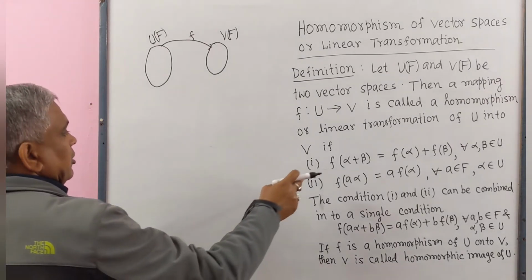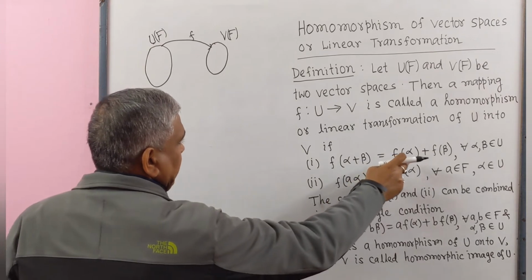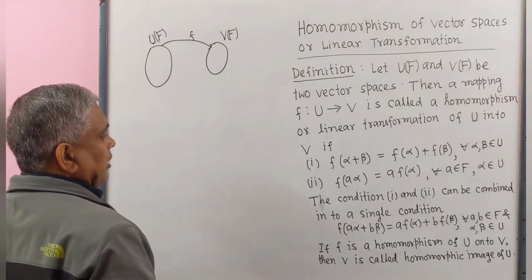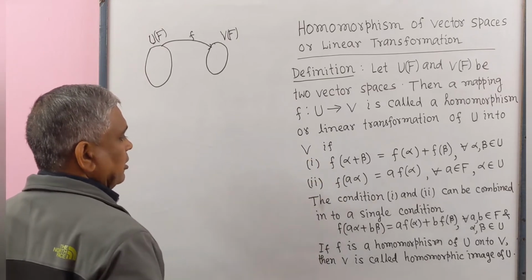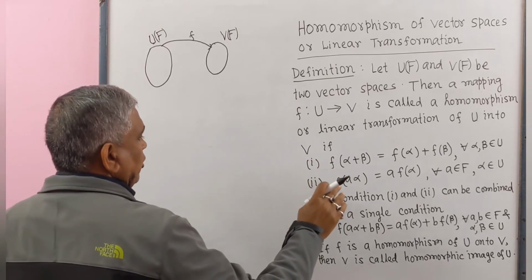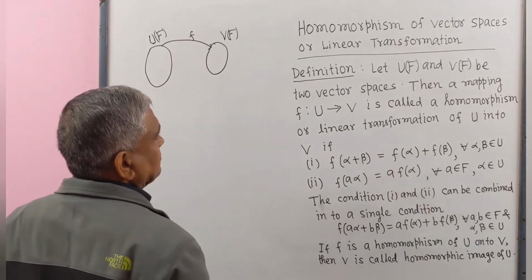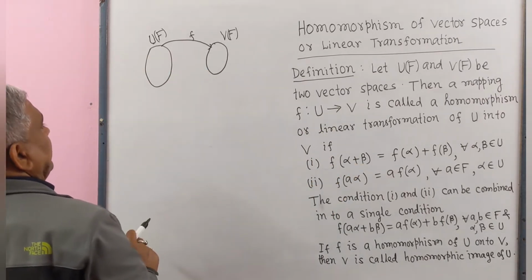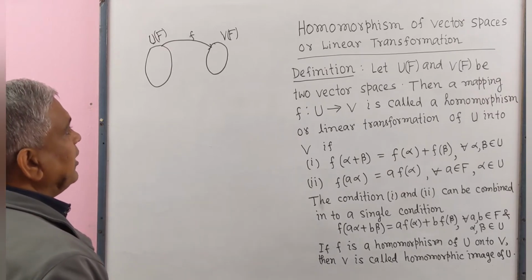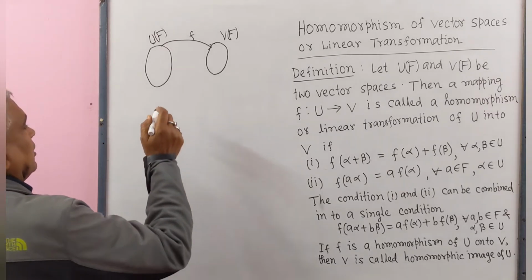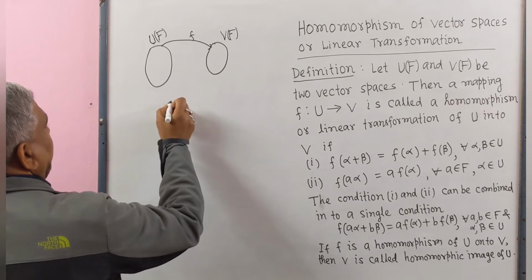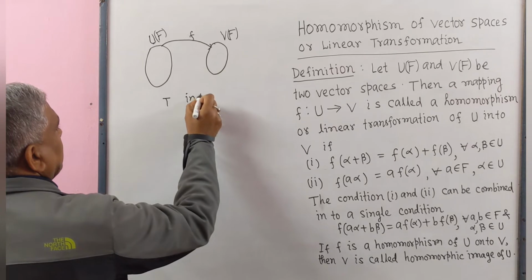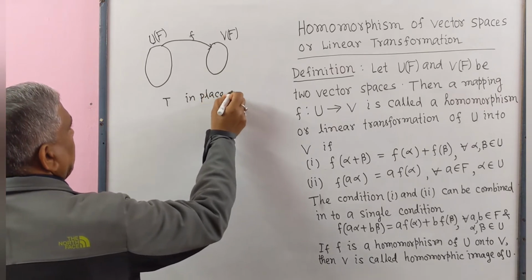And these two conditions hold, then F is called a homomorphism or linear transformation. When we speak about linear transformation, then we write T in place of F.